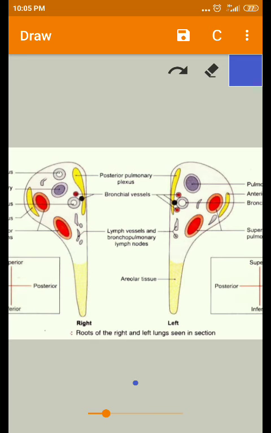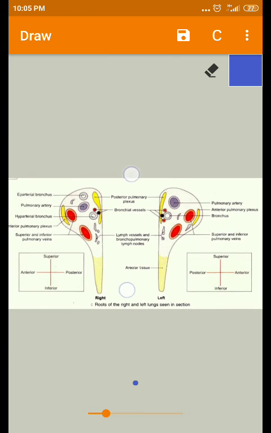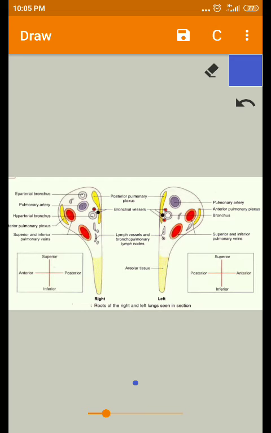Then the anterior and posterior pulmonary plexus. This yellow color is always related to the nerve supply. This is the anterior and posterior nerve plexus, called the pulmonary plexus.